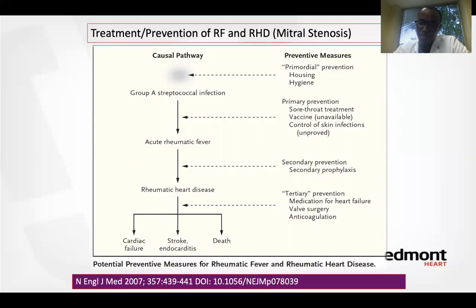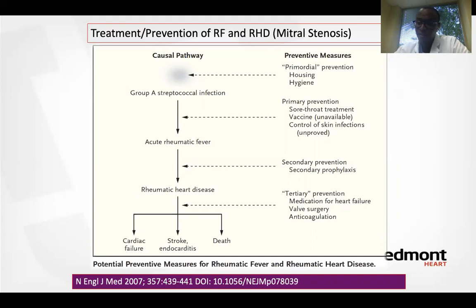You can minimize the risk of developing group A streptococcus infection, which is called primordial prevention. But once kids develop a group A streptococcus infection, primary prevention is going to be key, because we have to treat that streptococcus infection as quickly and as early as possible.